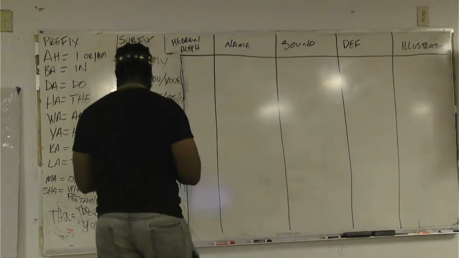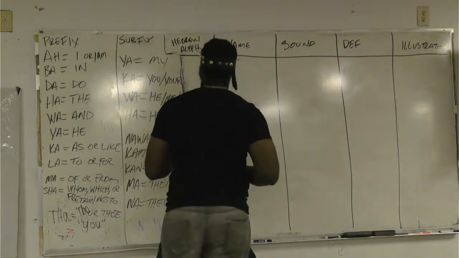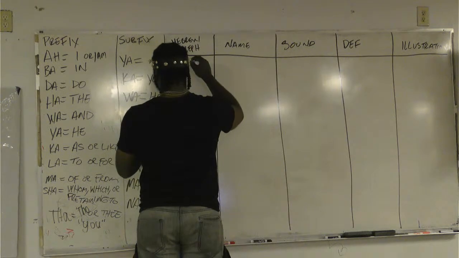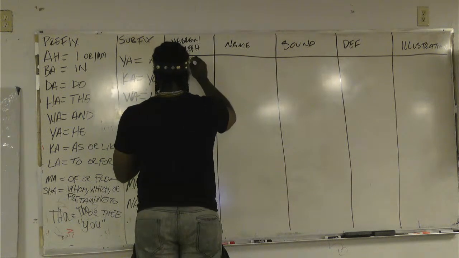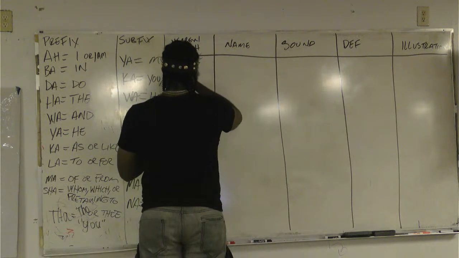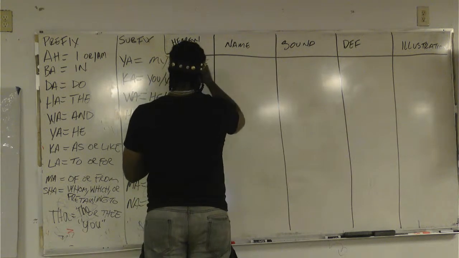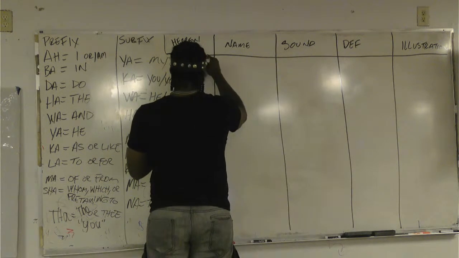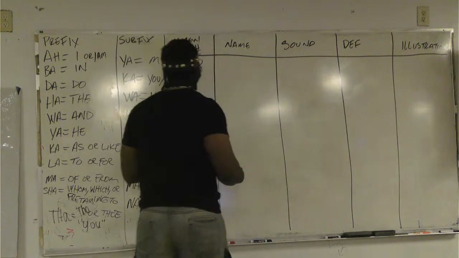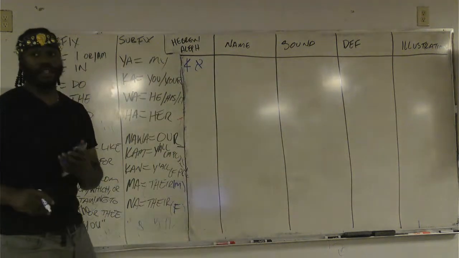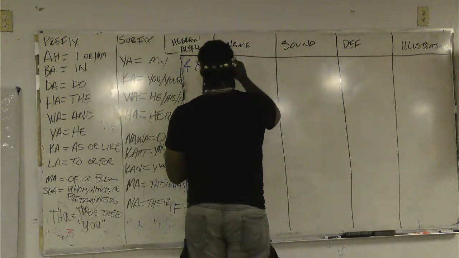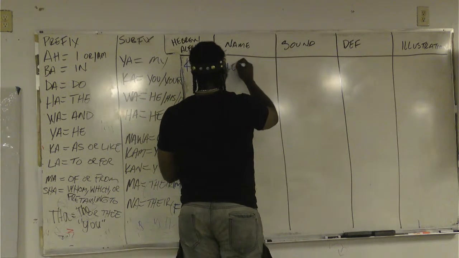So for our first alphabet, we have the Ah. I'm going to do Paleo to the left and Assyrian to the right. All right. So the actual name of this alphabet is Aleph.